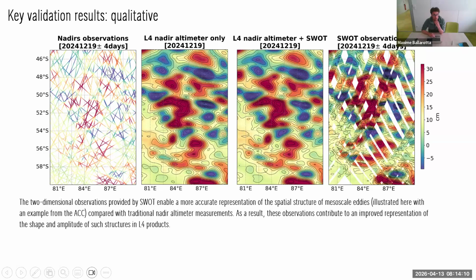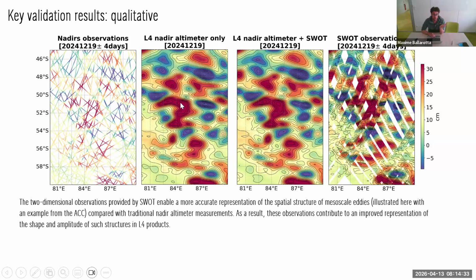Around the date of the 19th of December 2024, plus or minus 4 days, you have the nadir altimeter constellation in the region. On the right, you have the SWOT observation within plus or minus 4 days.